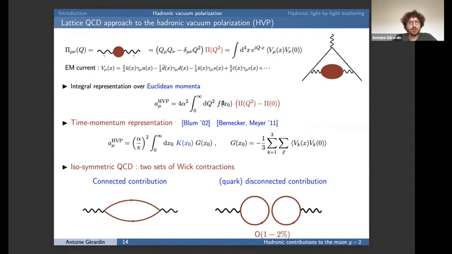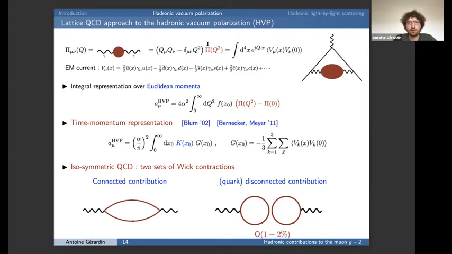And so the second possibility is to use lattice QCD. In this case, what we have to compute on the lattice is basically this 2-point function of vector currents. So we want to compute this vacuum polarization tensor, which can be expressed in terms of a single scalar function.